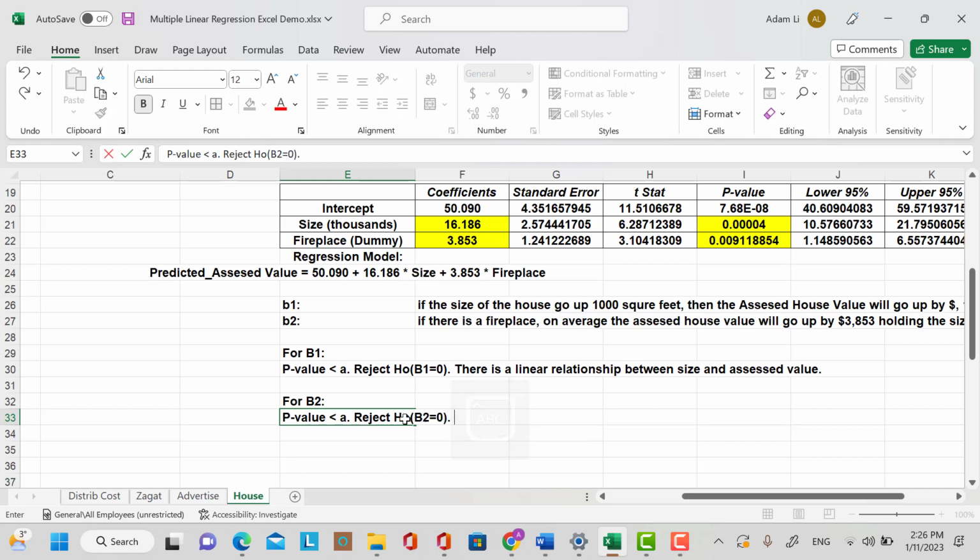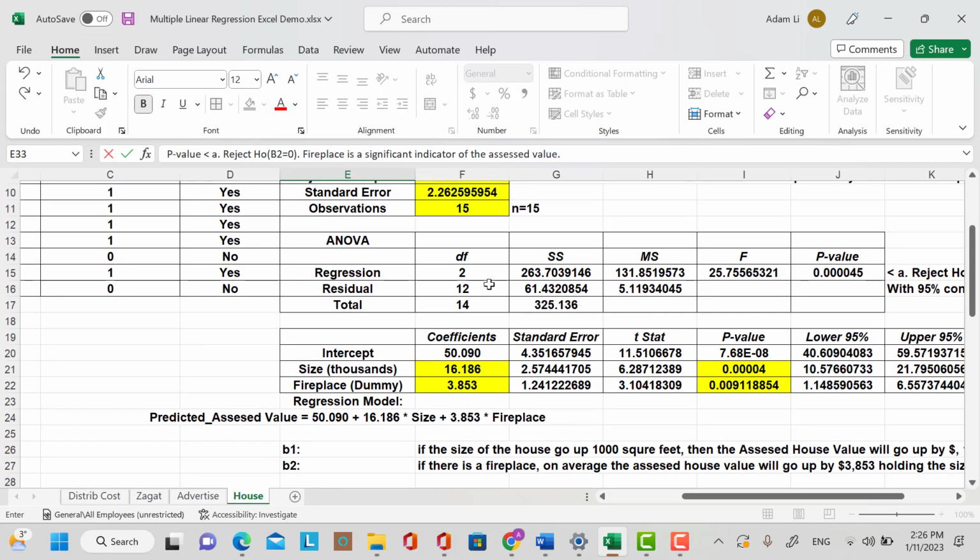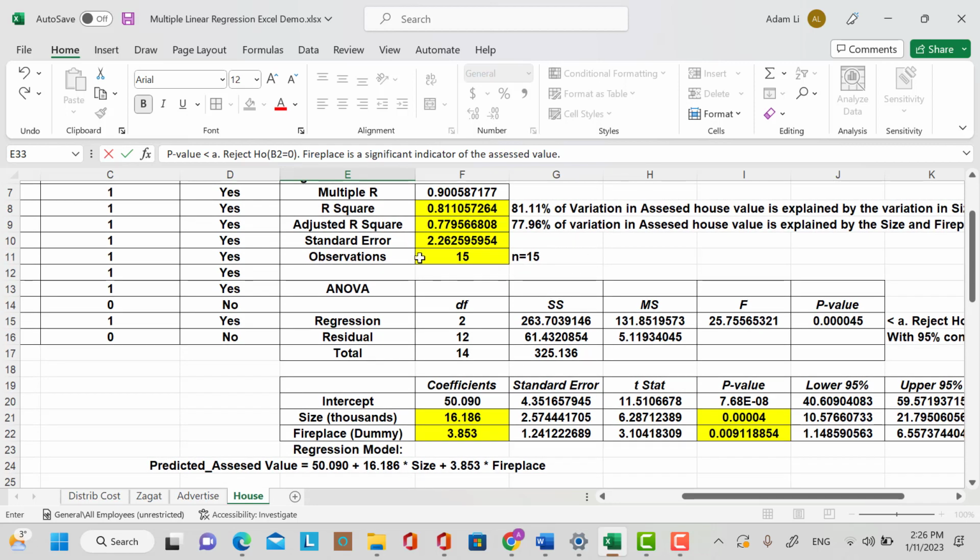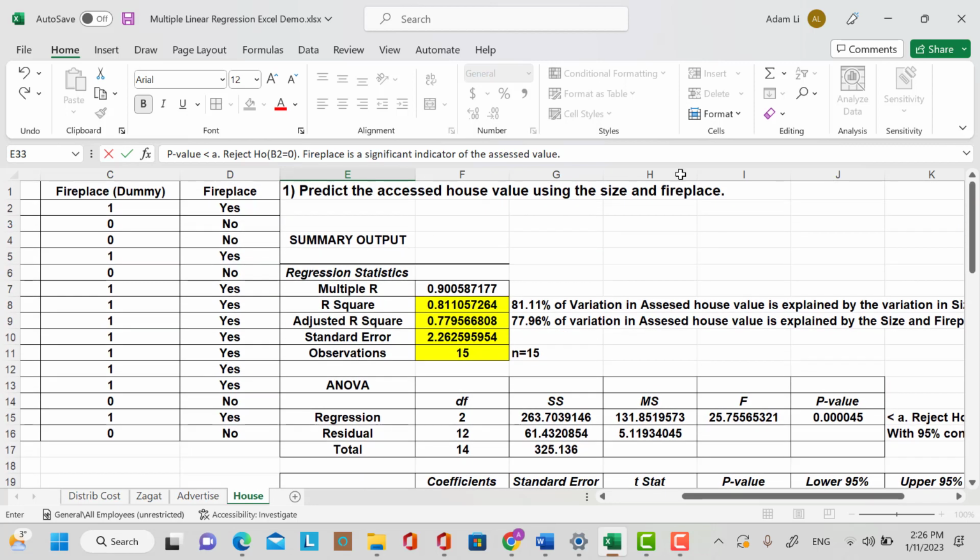So fireplace is a significant indicator of the assessed value. Okay, so basically we ran through the entire analysis and interpreted all the important elements in the summary output.